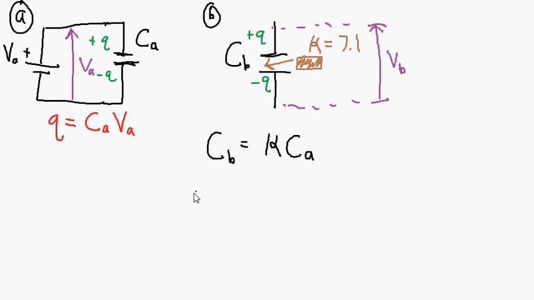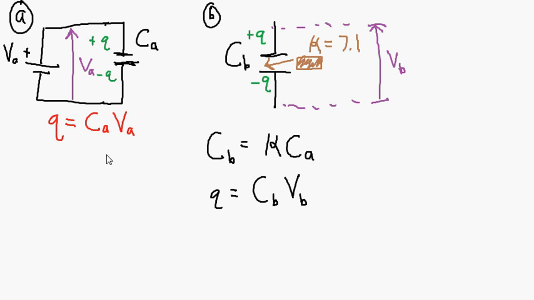And then this part gets easy too, because to find the voltage across the plates after this mica is inserted, you apply Q equals CV to the after stage. So here's your voltage VB, here's the capacitance with the mica, and it's all good.